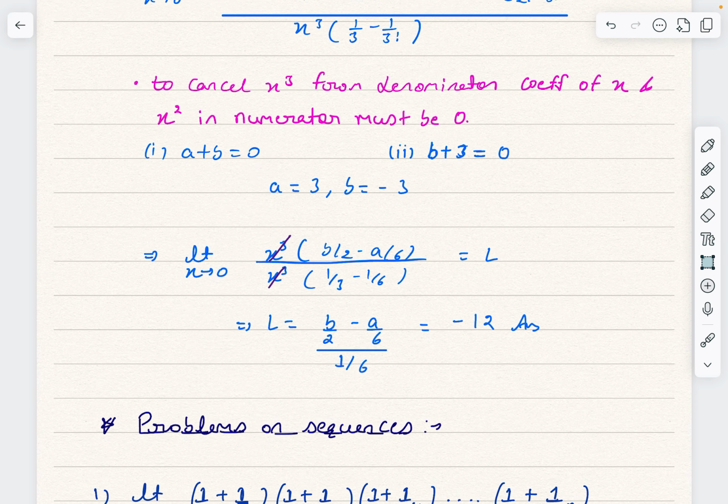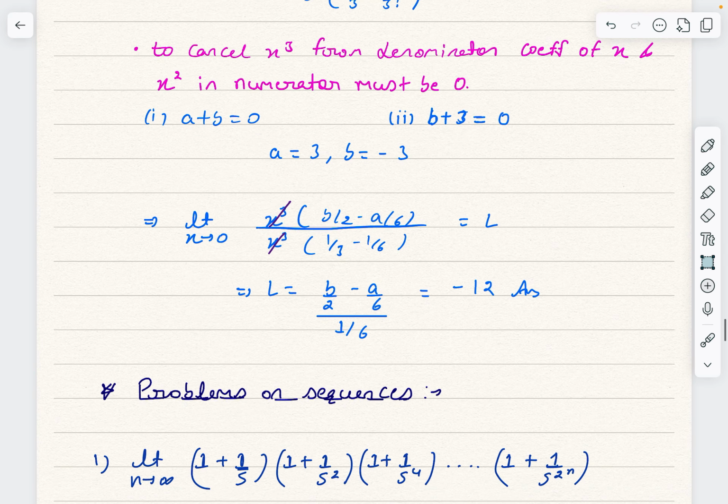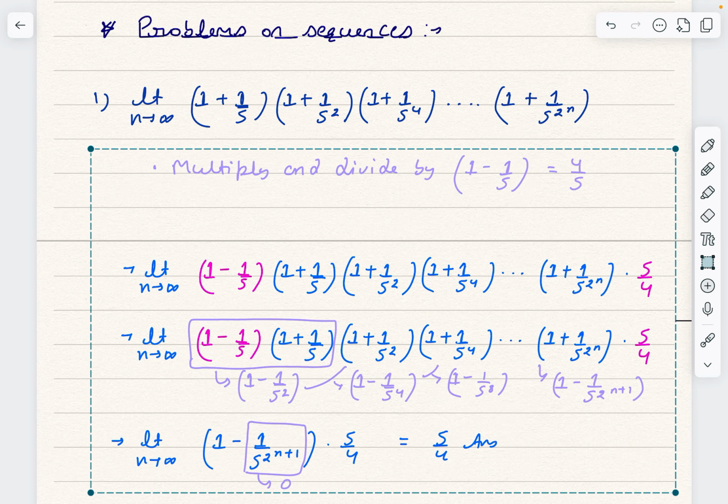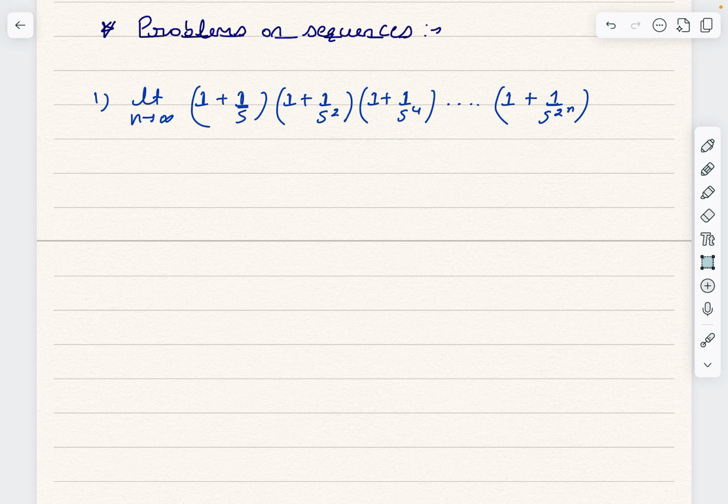Next we'll discuss some miscellaneous problems on sequences. The first one is this. We have limit n tends to infinity of (1 plus 1 over 5) into (1 plus 1 over 5 square) into (1 plus 1 over 5 power 4) up to (1 plus 1 over 5 power 2 power n).